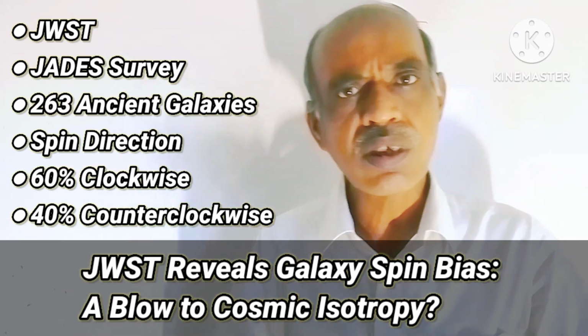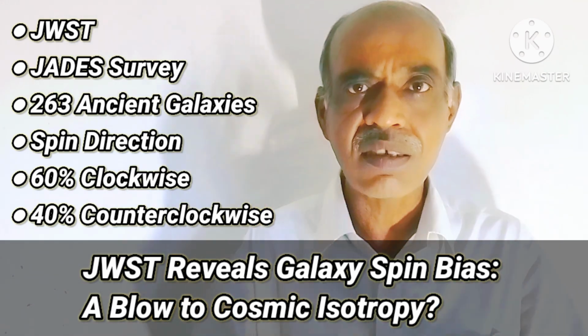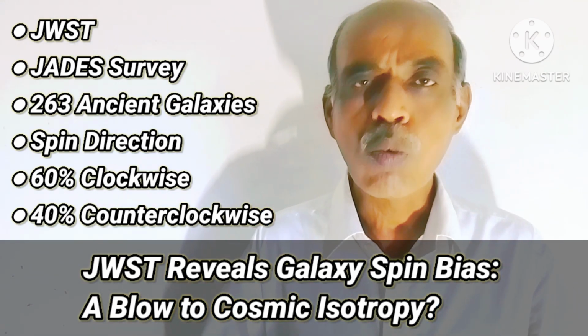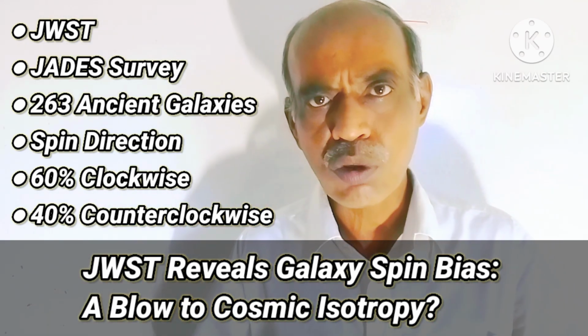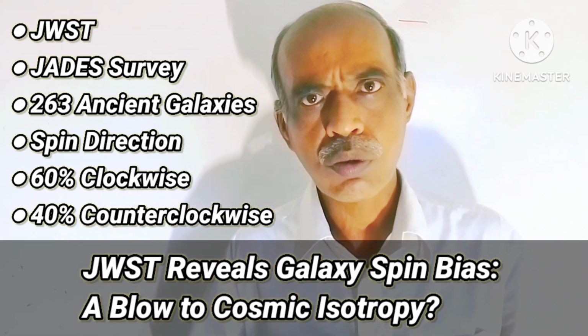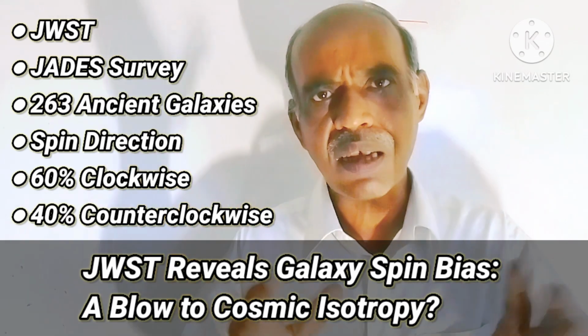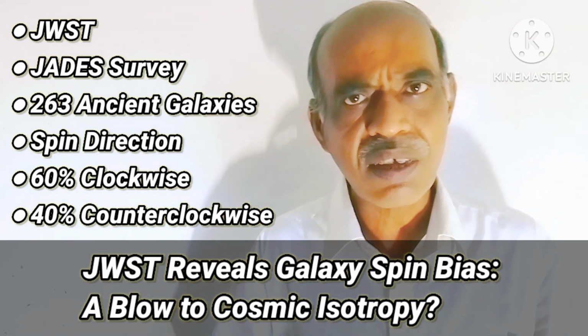There is one more interpretation. Since those are ancient galaxies and very distant, we cannot see them clearly, because many of the data we are analyzing are based on indirect measurement.